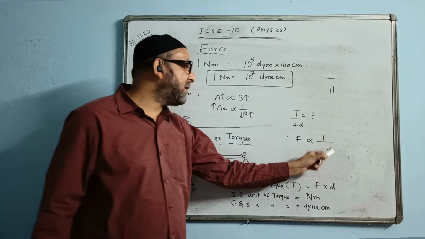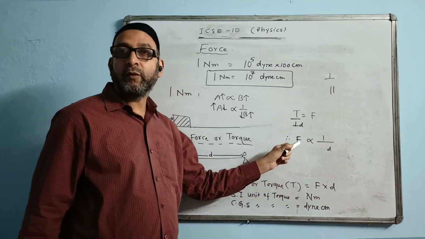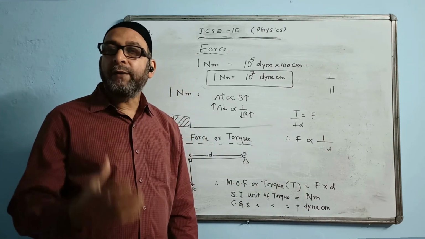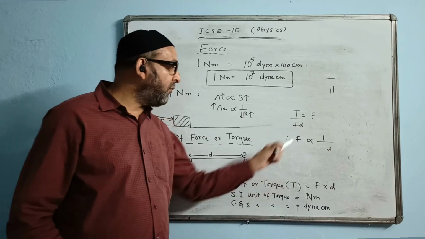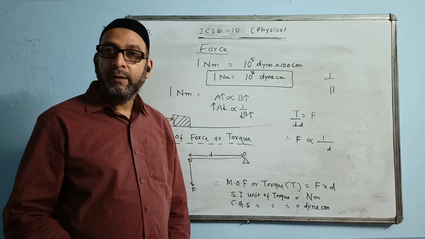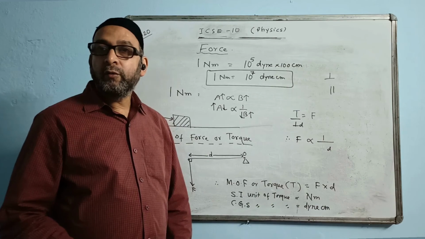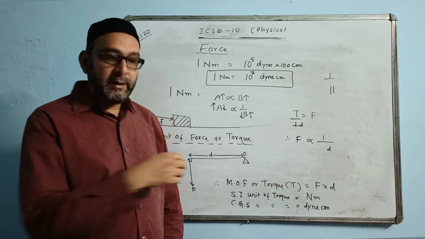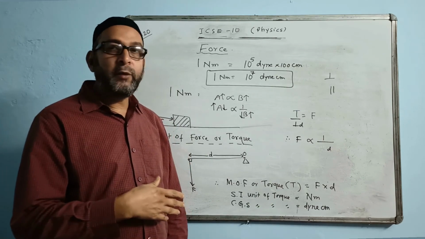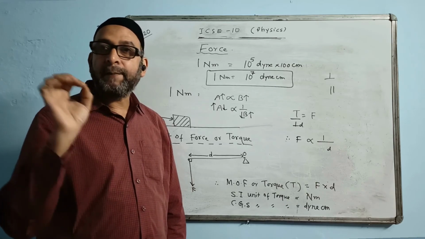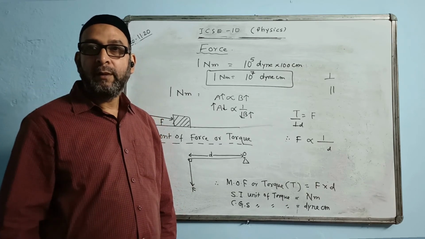When the distance is maximum, then what will be minimum? Force. So that is how we are minimizing the amount of force or effort in order to produce a turning effect in the door, either to open or to close. We are doing so by applying the least amount of effort.